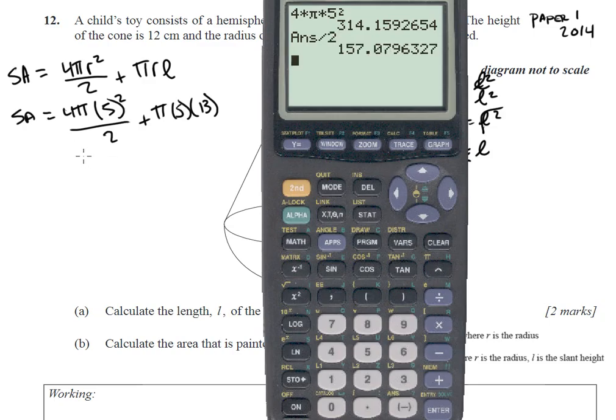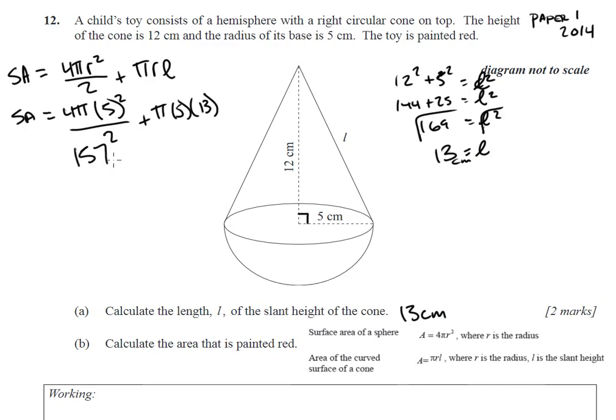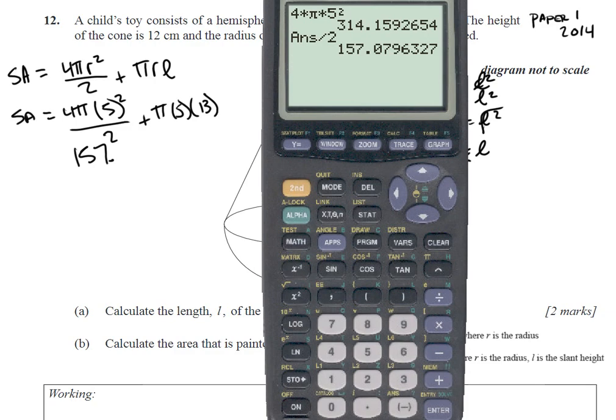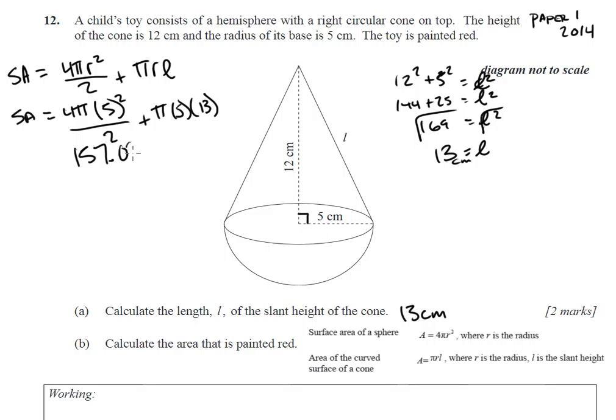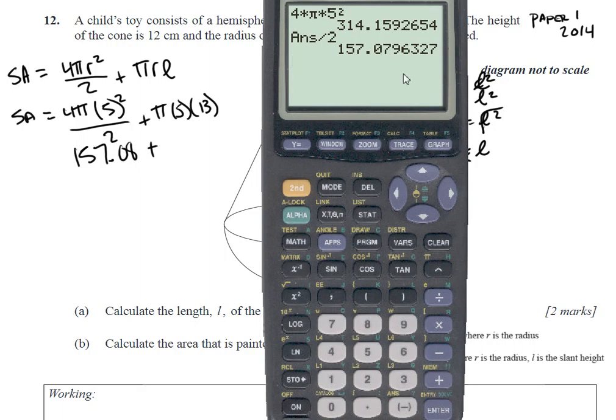Just in case I lose it later, let's put it down here, 157.08. Then we add this part in, plus pi times 5 times 13.